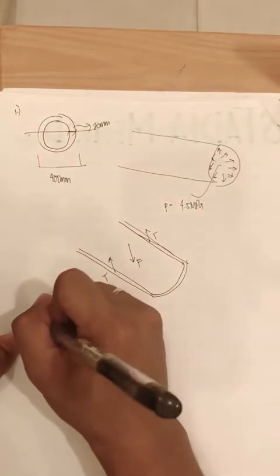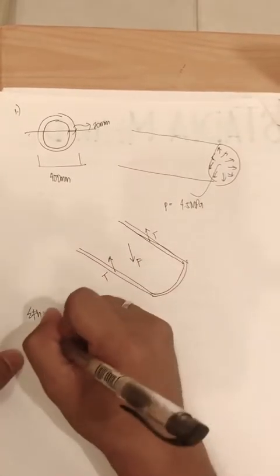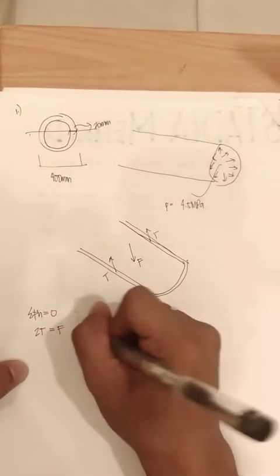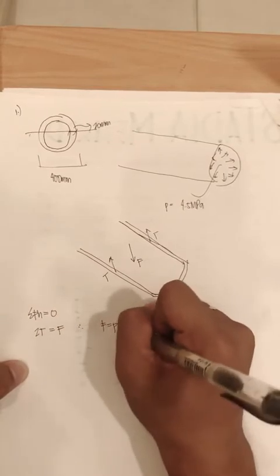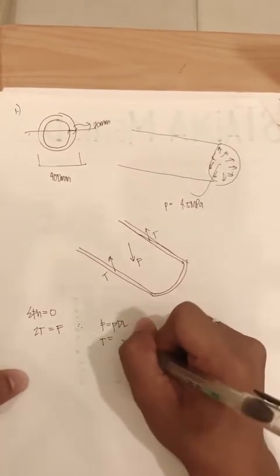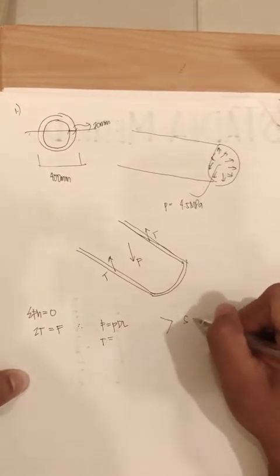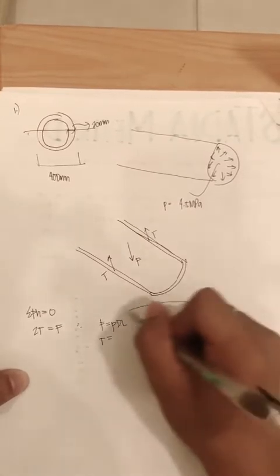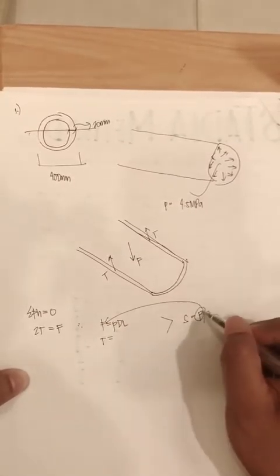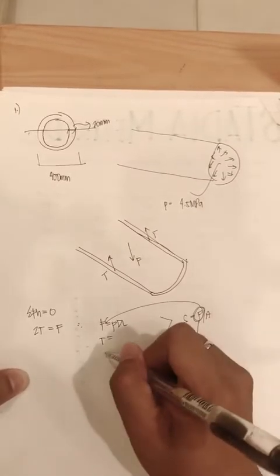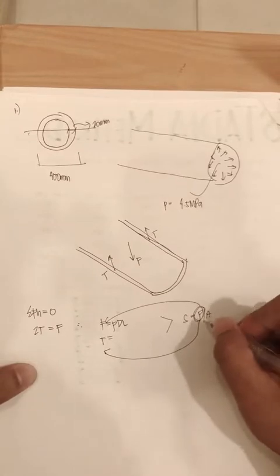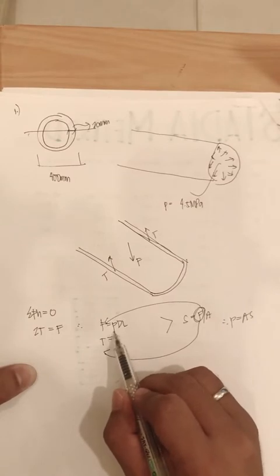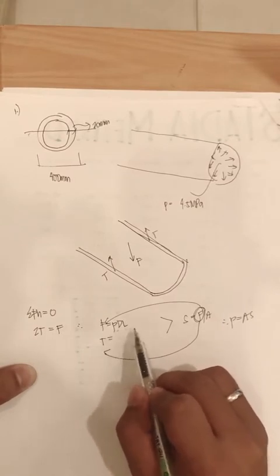By summation of forces along horizontal equals 0, 2T is equivalent to F, where F is equivalent to P times D times L. Stress is P divided by A, so P equals A times S. For F, the stress is P and the area is diameter times length.